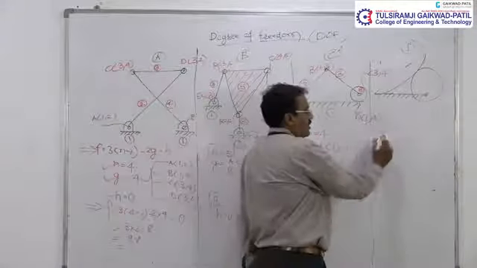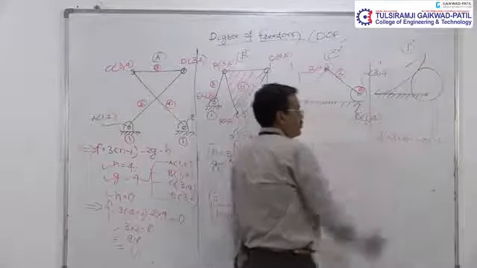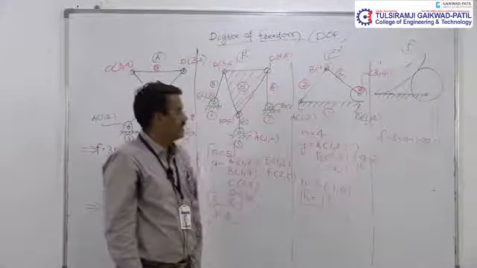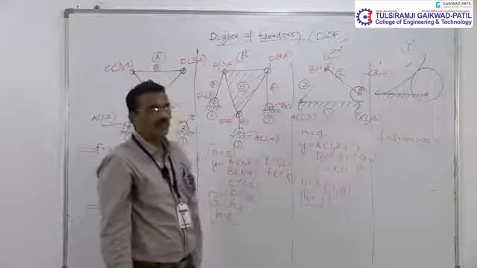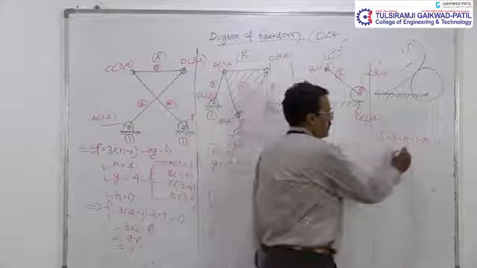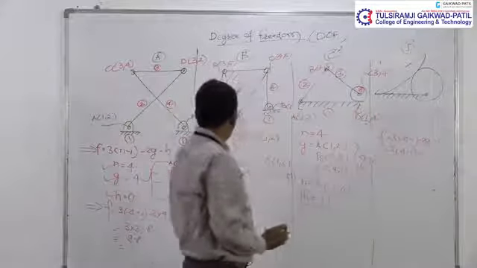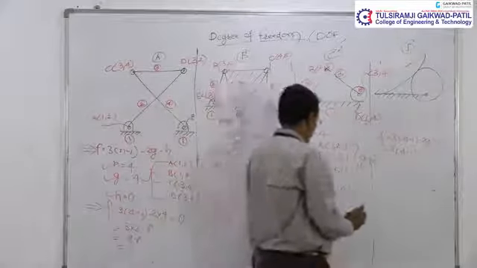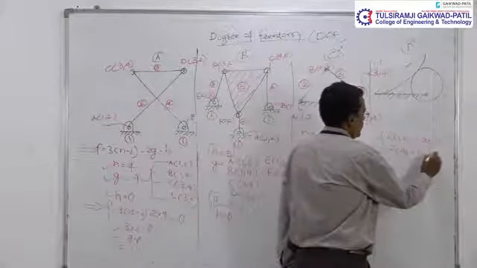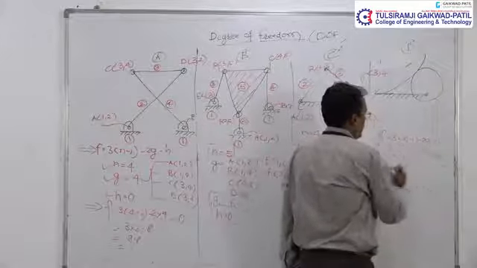F is equal to 3 times n minus 1 minus 2 times G minus H. So put the values of n, G and H. The value of n is equal to 4, the value of G is equal to 3, and the value of H becomes 1.